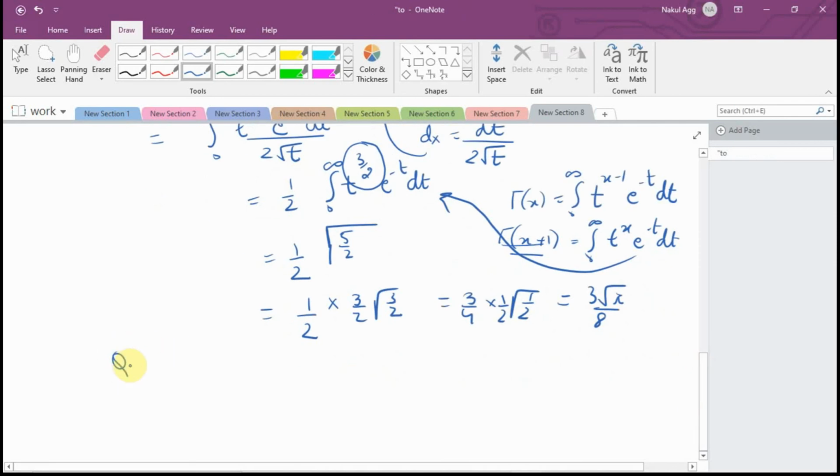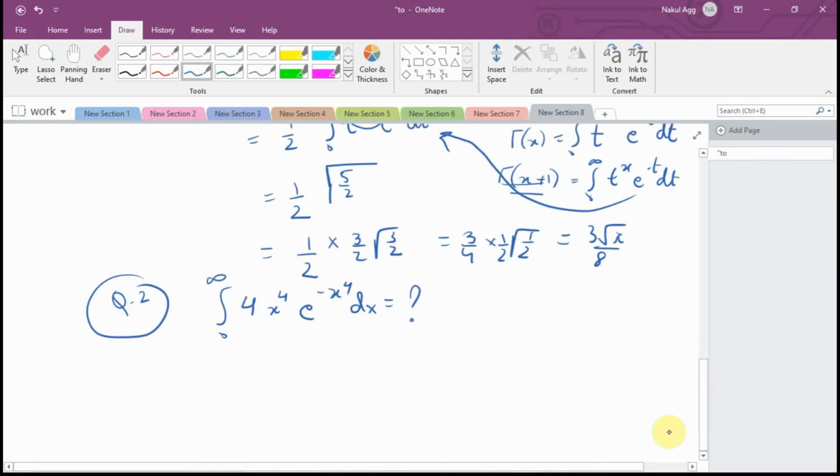Next question is evaluate 0 to infinity 4 x to the power 4 e raised to power minus x to the power 4 dx. Again, always remember to make the argument of the exponential function linear if you have to convert it into the gamma function.